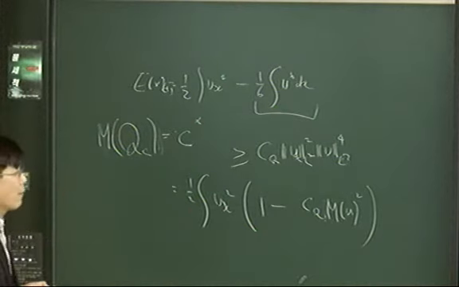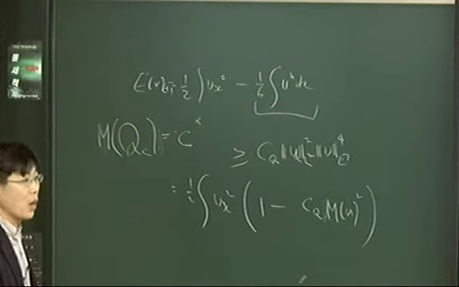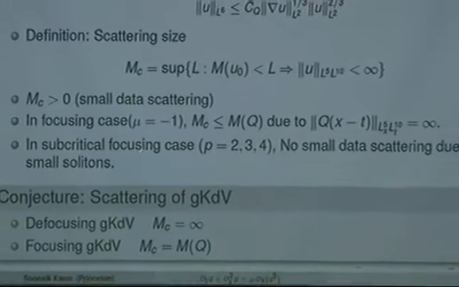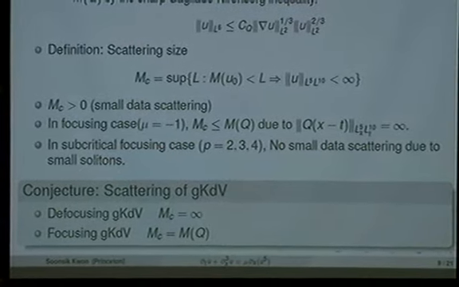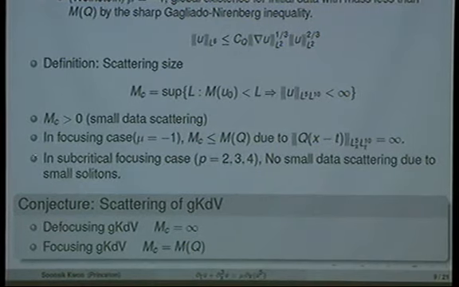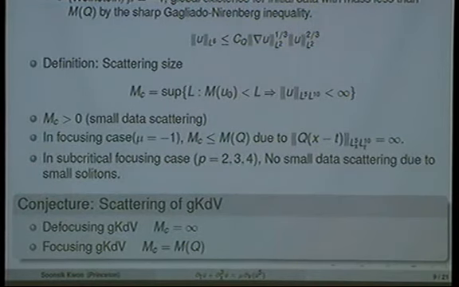So we have an arbitrarily small non-dispersing object in the subcritical focusing case, so we don't have such a conjecture there. This is a main difference from the nonlinear Schrödinger, wave or Klein-Gordon equations.